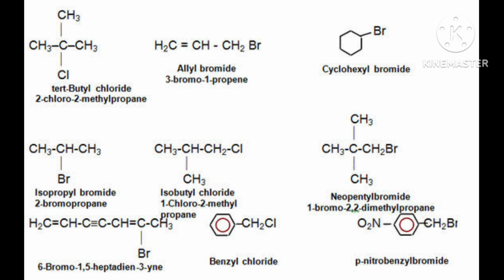Now I am telling you the second structure. Now you write the bromine on the second carbon. The second carbon has bromine attached, and only one H is there, because the first became CH3.